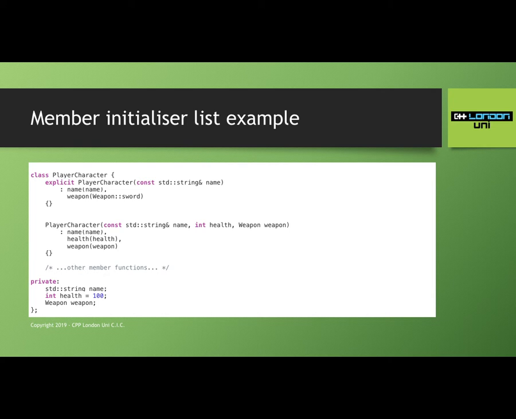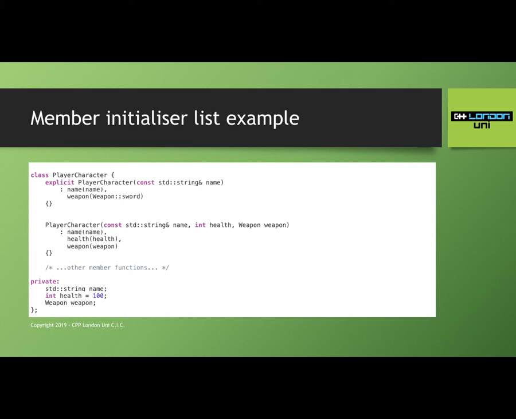Now this syntax of repeating name brackets name, health brackets health, this is a bit strange. I've done it in this way quite deliberately just to show you. It's not necessary, it's usually advised that you don't do this, but I just want to show it to you so that if you do see it, you know how it works.